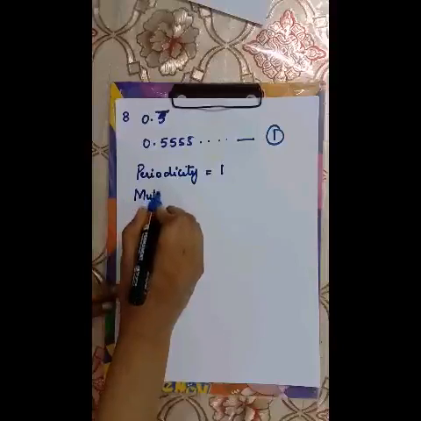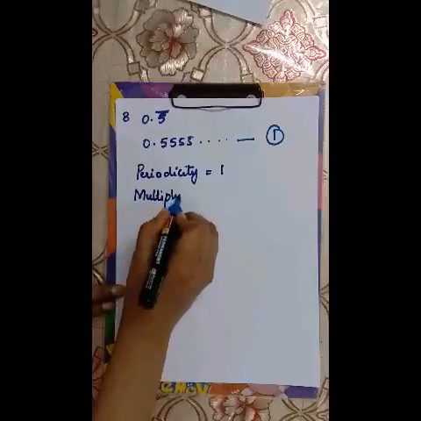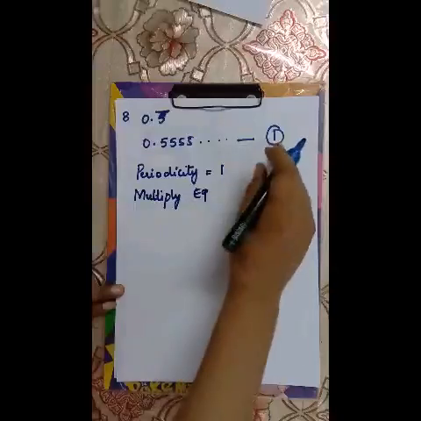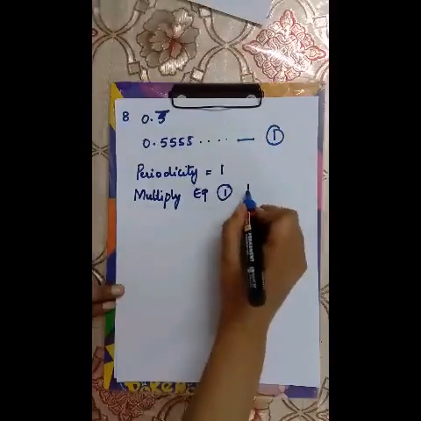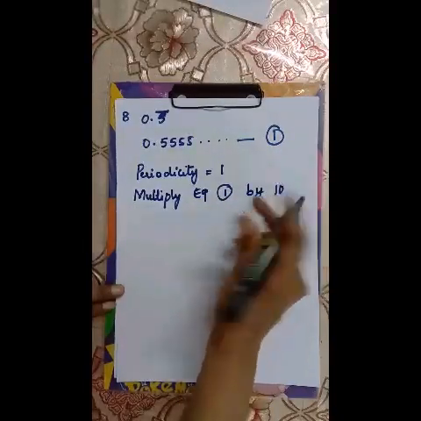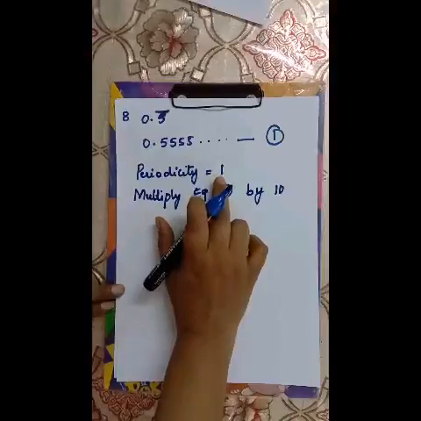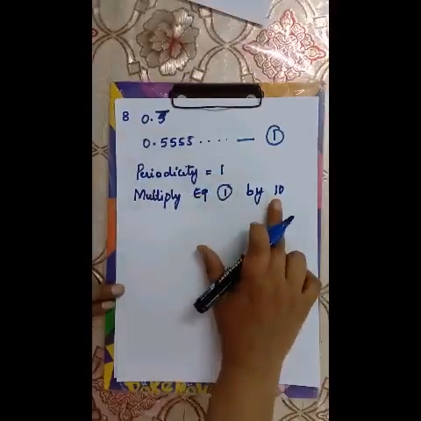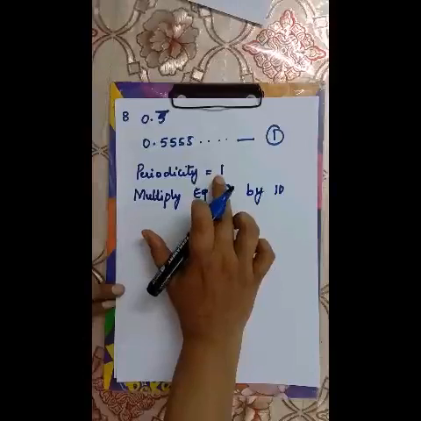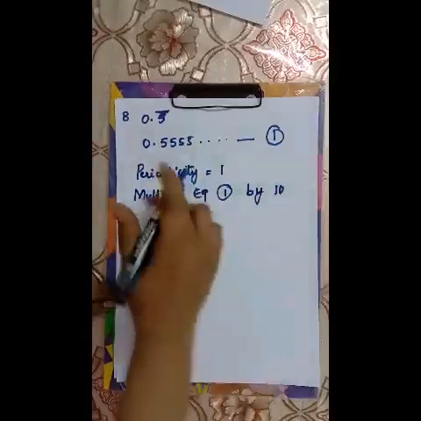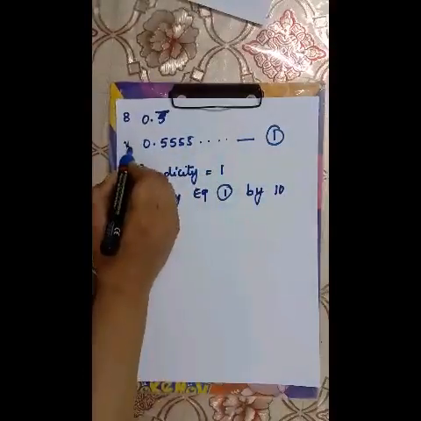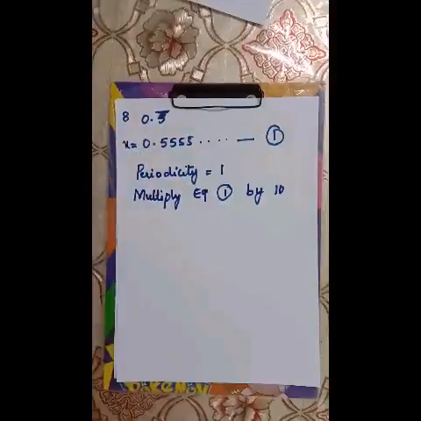Multiply equation 1 by 10. Why are we multiplying with 10? Because the periodicity is 1. If periodicity is 2, we are going to multiply it with 100. If periodicity is 3, we are going to multiply it with 1000. So, take this as x is equals to, now multiply both the sides by 10.